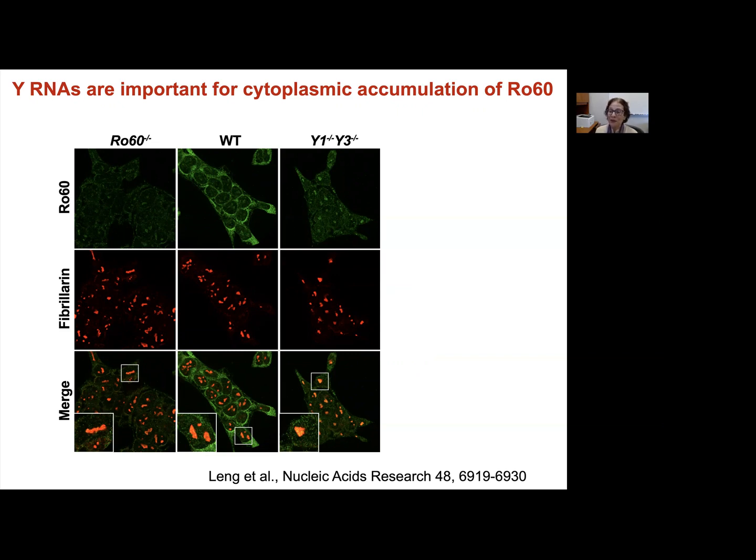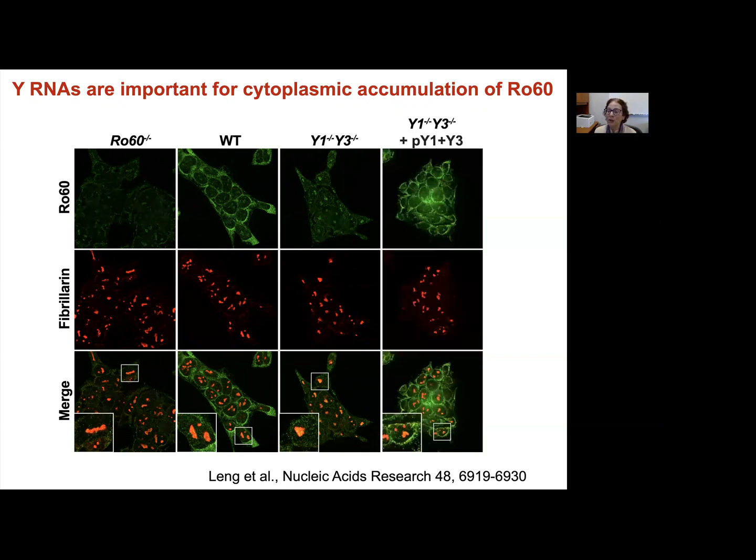She found that in the absence of both Y-RNAs, there was reduced Rho60 in the cytoplasm and increased staining in nuclear foci, which she showed were nucleoli based on co-localization with fibrillarin, a nucleolar marker. And she was able to complement the change in localization by putting back the two Y-RNA genes on the plasmid.